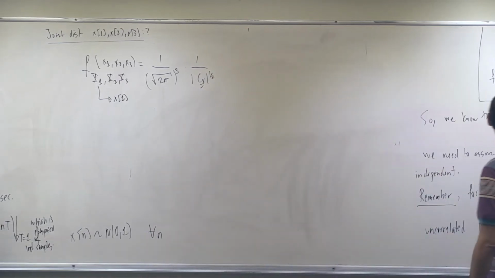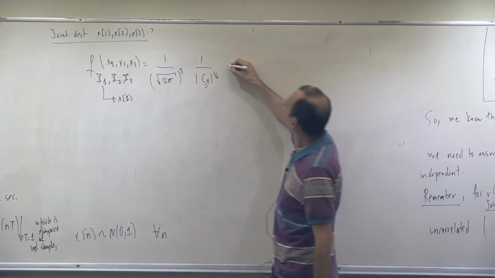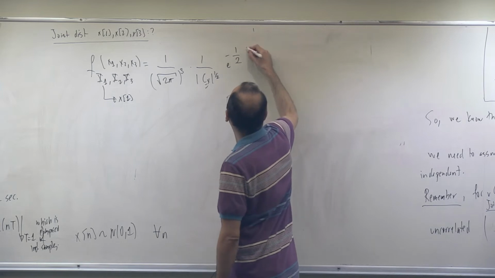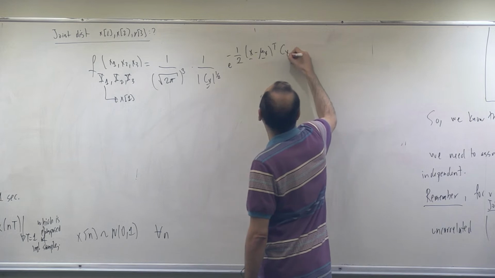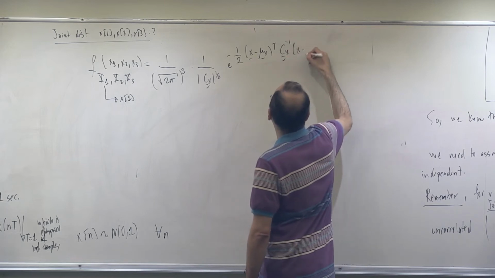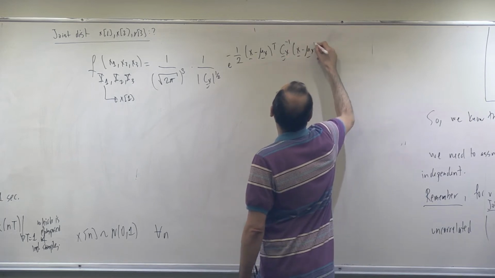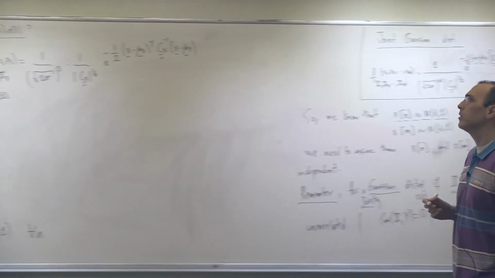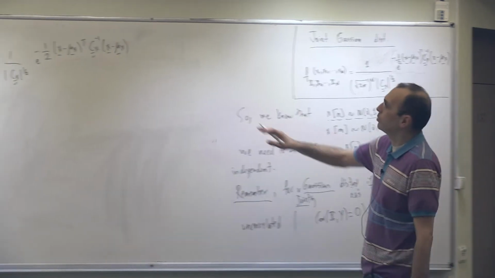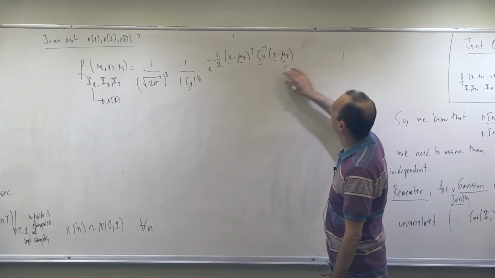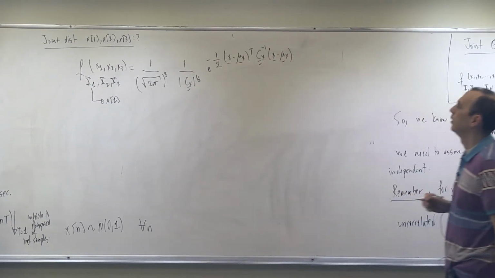Now e to the minus 1/2 (x minus mu x) transpose. This looks like a complicated function, but actually it is one of the simplest functions you can come up with, because this is what we call a quadratic product. There are squares over here.